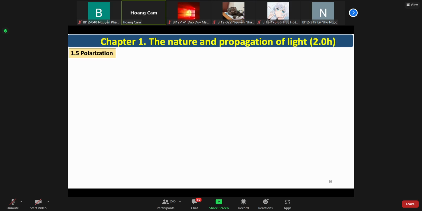So depending on the direction between the oscillation of the particle and the direction of the propagation of the wave, you can decide the wave is transverse or longitudinal. So it depends on the direction of the oscillation.